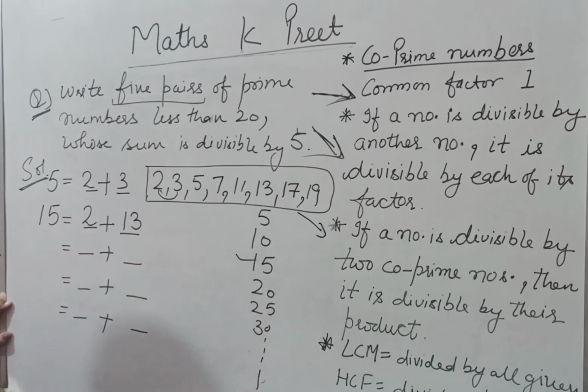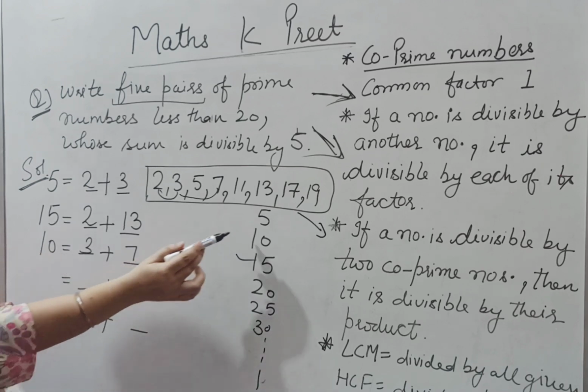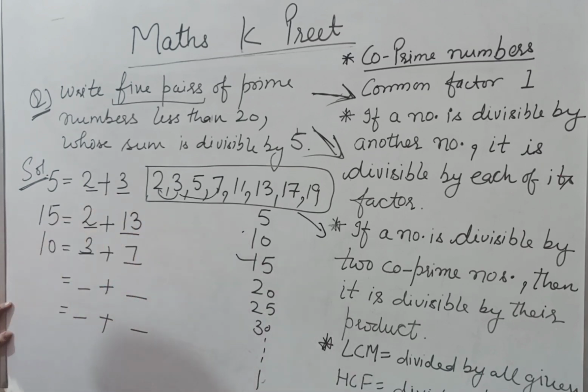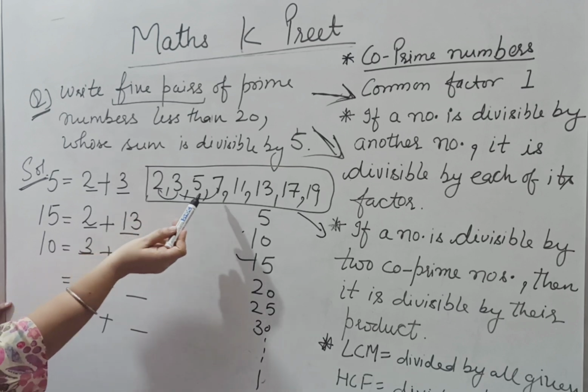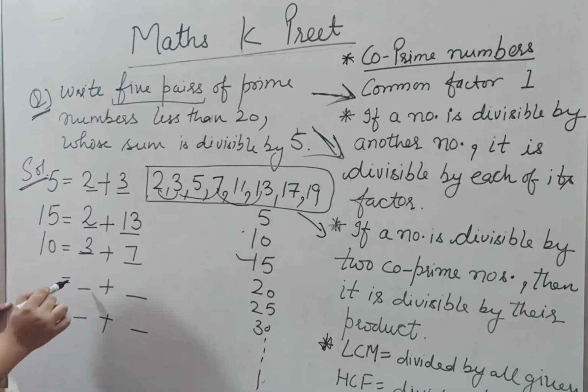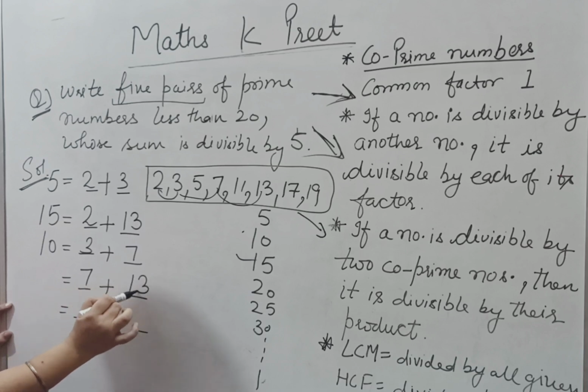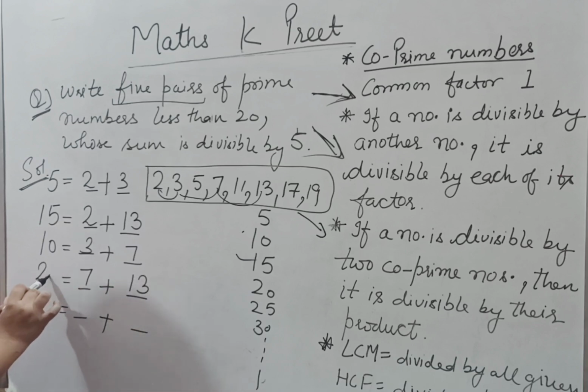Next pair, 3 and 7, makes 10, yes, divisible by 5. Next pair is 7 and 13, which makes 20, yes, divisible by 5.